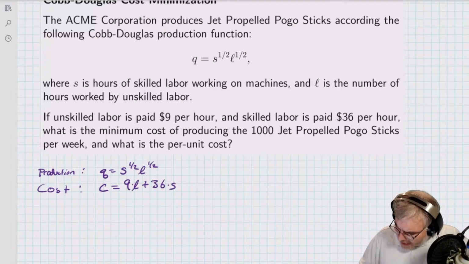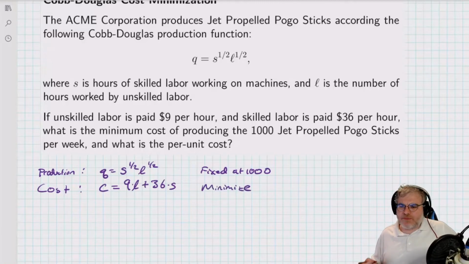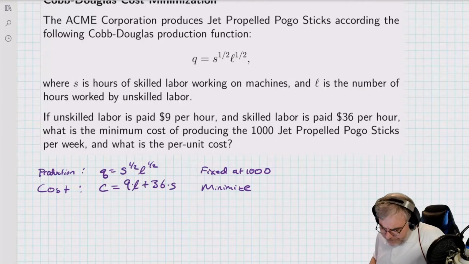And I know my output here is fixed at 1,000. And this right here is minimize. So I want to minimize my cost given the production of 1,000.